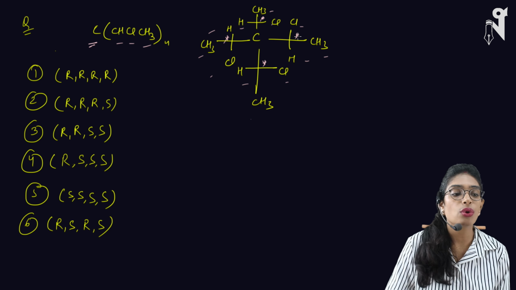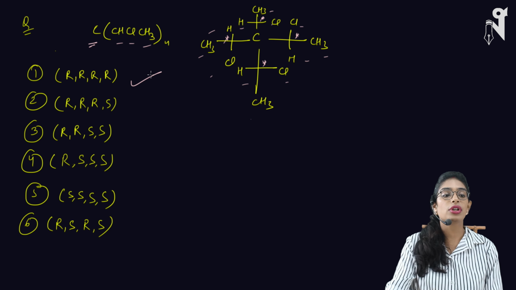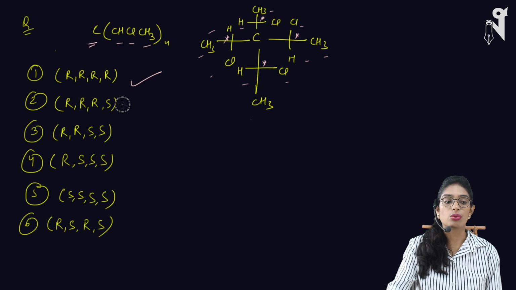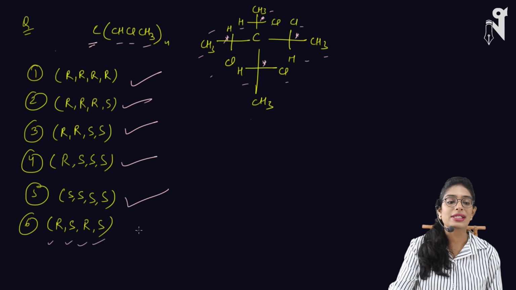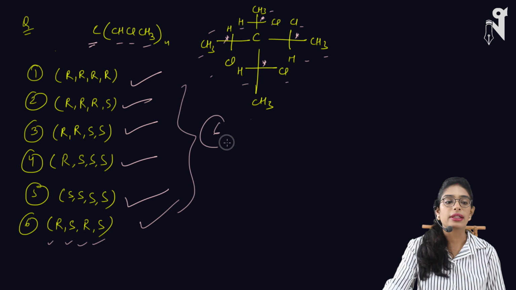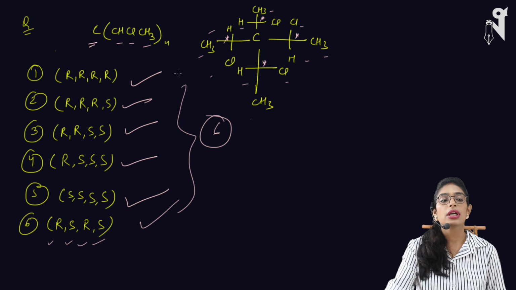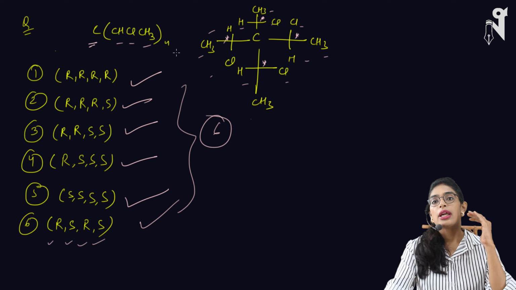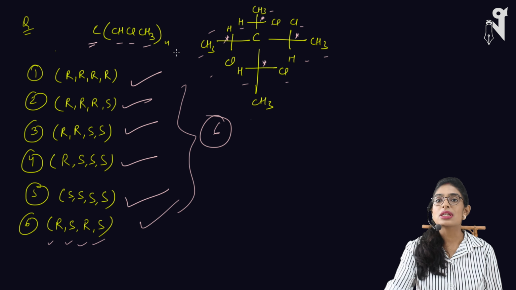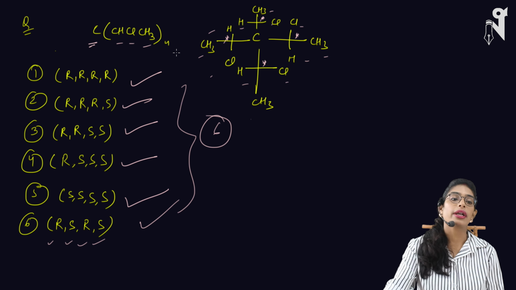I can have all 4 as RRRR, then 3R1S, then 2R2S, then 1R3S, then all 4 as S configuration, and the combination of R, S, R and S. So here the number of isomers we have got is 6, and by any formula you're not going to get this as an answer. So for this molecule no formula works. It is all your own visualization and the method of how to determine the different isomers. That skill is required to get the right number of isomers.